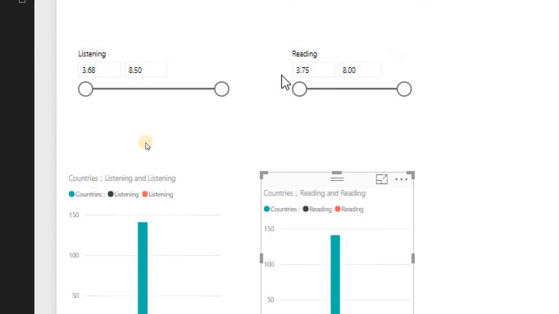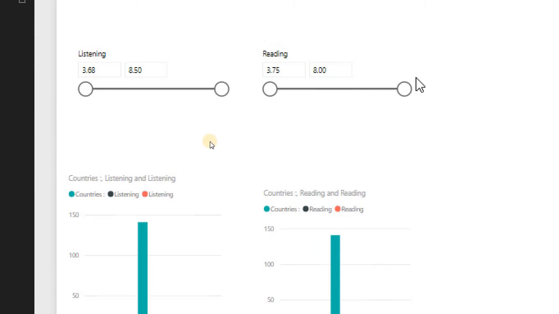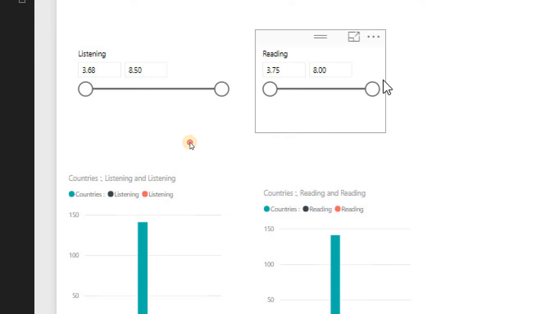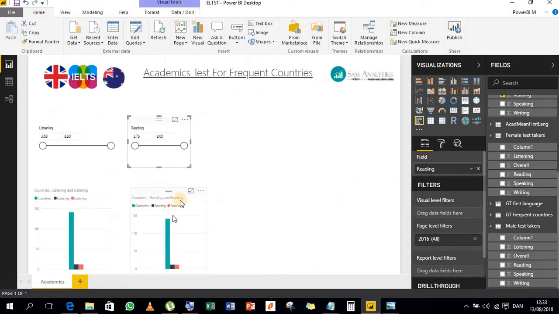Now if I decrease my report a little bit in here, I can very well see that my reading test takers both get increased.